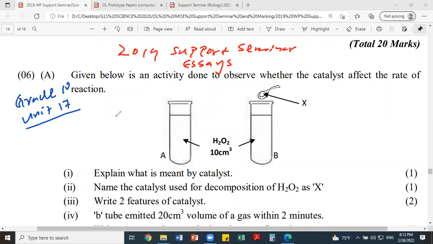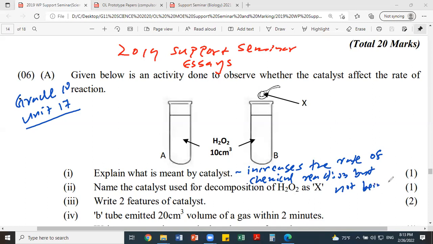There are some keywords you have to include in your answer when you write the definition of a catalyst. Substances that increase the rate of chemical reactions but are not getting used up.